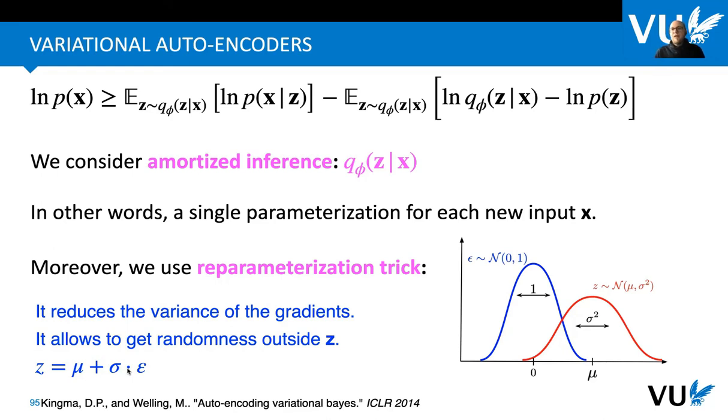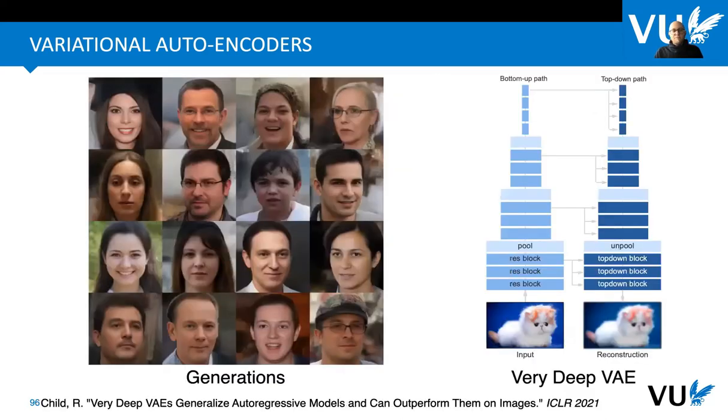However, the problem with VAEs was that they produced pretty blurry images and not necessarily good quality audio and so on. But recently there has been huge progress and new architectures were proposed, so-called top-down variational autoencoders, or we can call them hierarchical VAEs.